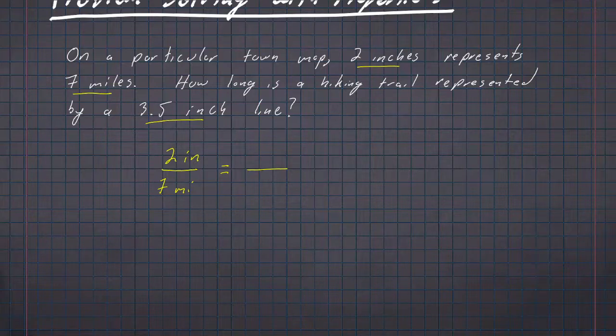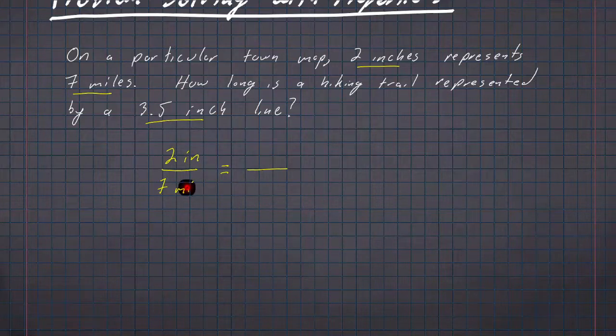Then I look at the next number, 3.5 inches. And I need to determine, is 3.5 inches more closely related to 2 inches or more closely related to 7 miles? It's only going to be related to one of the two. This spot is related to 2 inches.